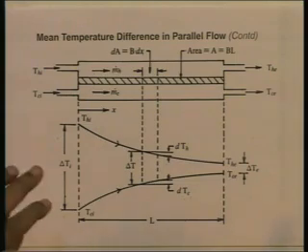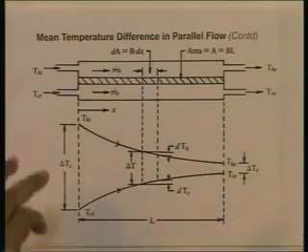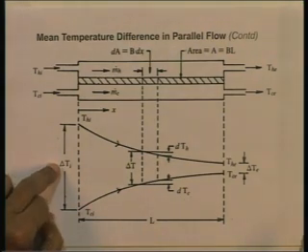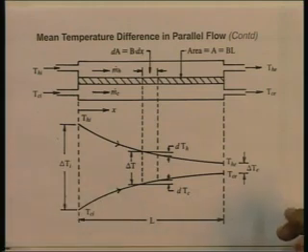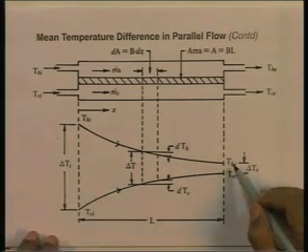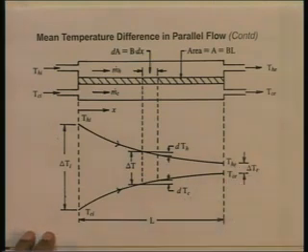The temperature difference between the hot and the cold fluid at the inlet is Thi minus Tci, and we will call that delta Ti. Similarly, the temperature difference at the outlet of the heat exchanger would be The minus Tce, and we will call that delta Te.